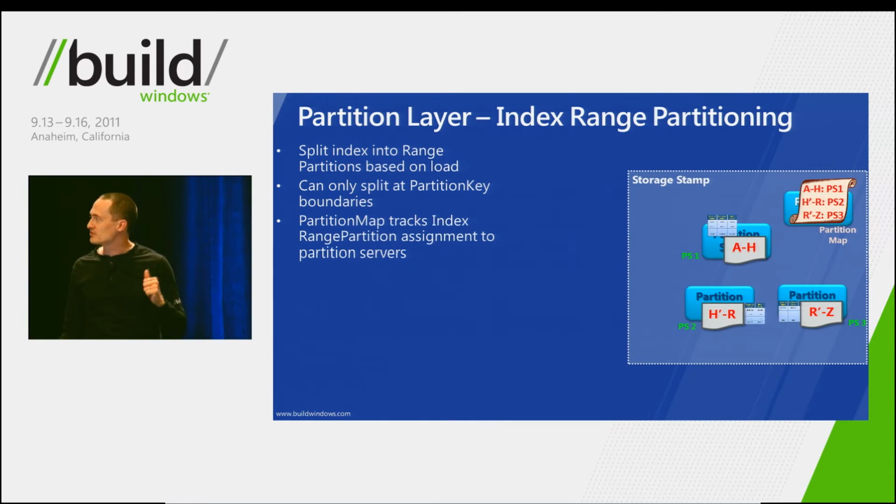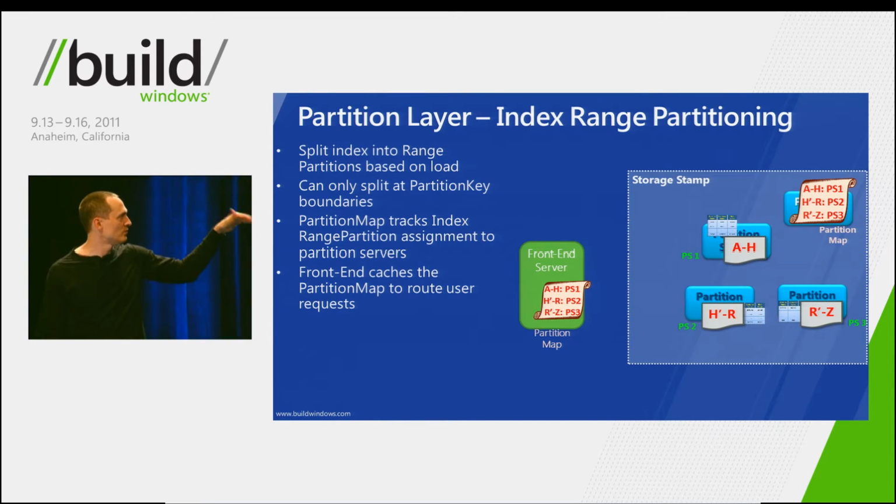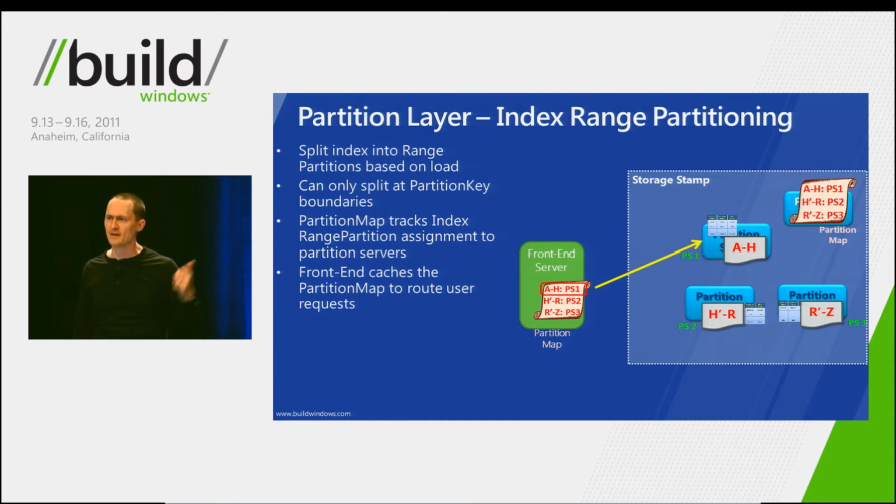And then the partition master maintains what we call a partition map. And this is a map of which partition servers are serving which part of the index. Then the front ends cache this partition map. So if it gets a request, for example, to storage account Andrew, it can look that up and know, well, I need to forward this request to partition server 1. It forwards the request, partition server 1 processes it, and then it's on its way.